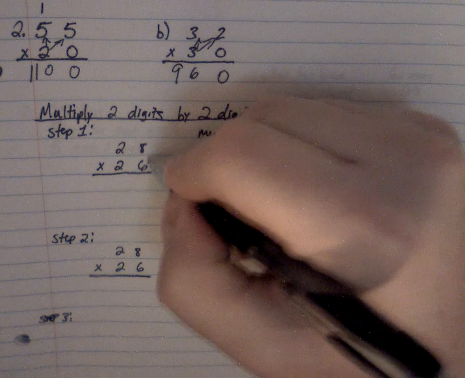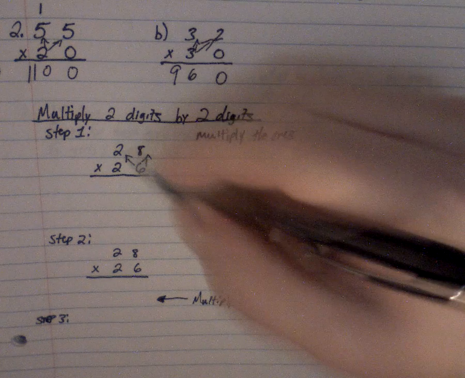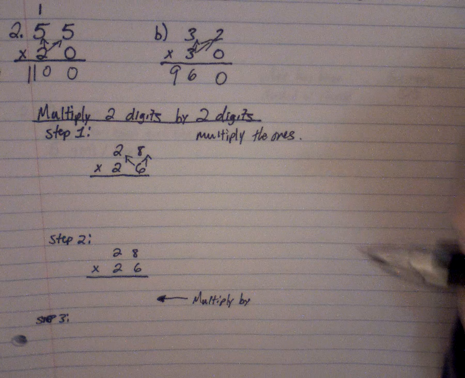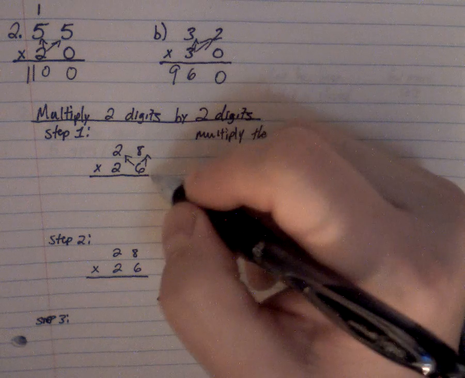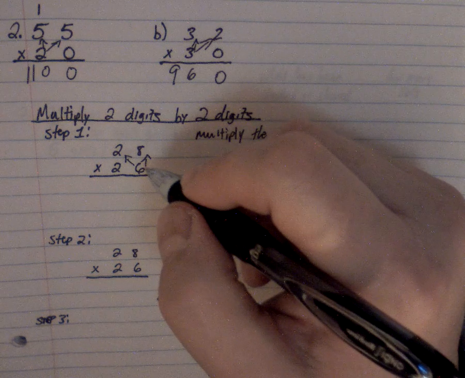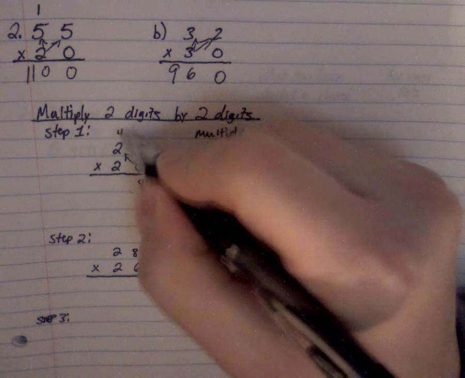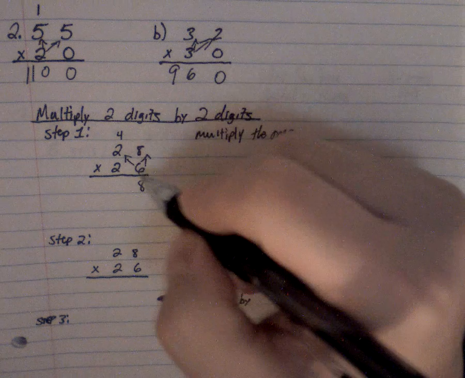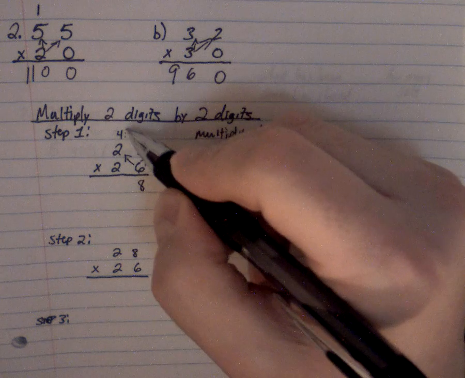And what I mean by that is we're going to do 6 times 8, and we're going to do 6 times 2. Okay, so 6 times 8 is, so 8 times 5 I know is 40. I add 8 on, I get 48. I carry. 6 times 2 is 12, 13, 14, 15, 16.